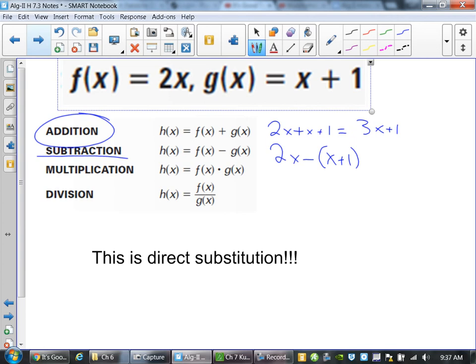If there's two parts to it, you guys tend to forget to distribute the negative. Okay? It's very common. You see it all the time. So you just distribute the negative, and you'd get 2x minus 1, and your answer would be x minus 1. Okay?